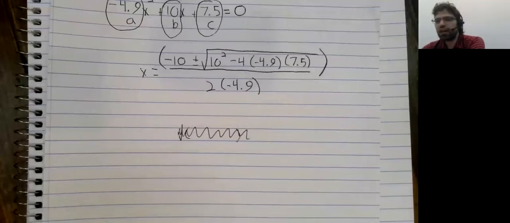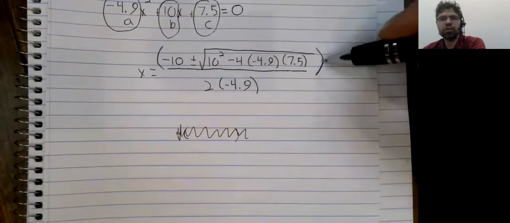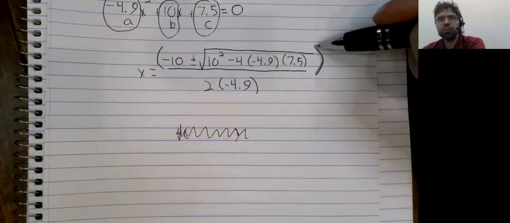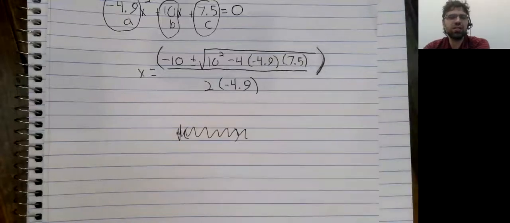What's this parenthesis? Remember, we've got the entire numerator in parentheses, so we're closing those parentheses here. Divided by, once again, you have to have parentheses.